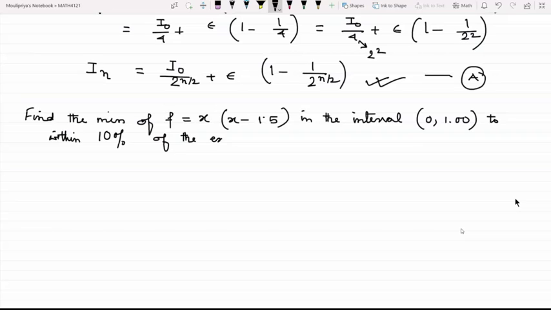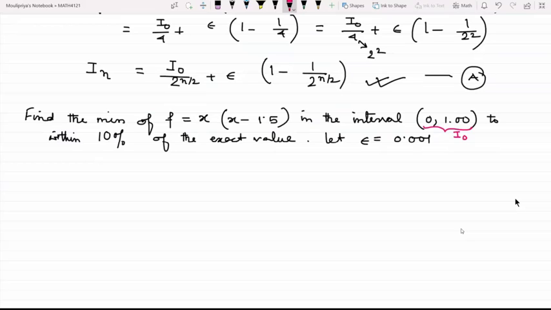Okay, and you are given let epsilon equal to 0.001. So this is my I0. Okay, this is also a way of posing the questions of dichotomous search algorithm.